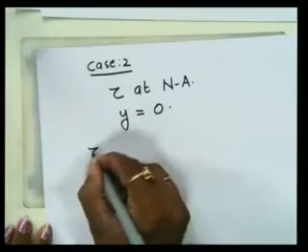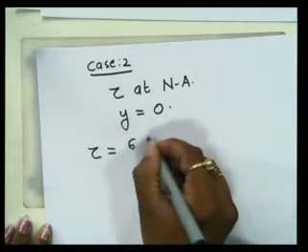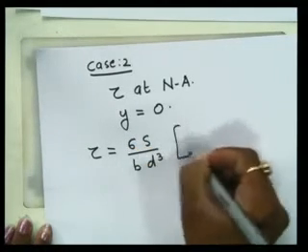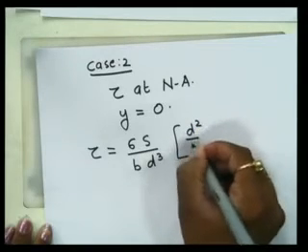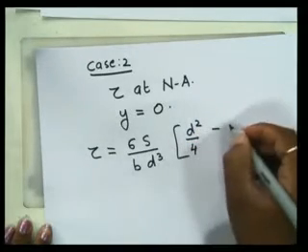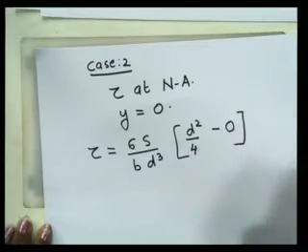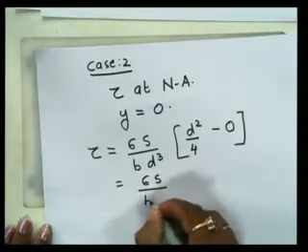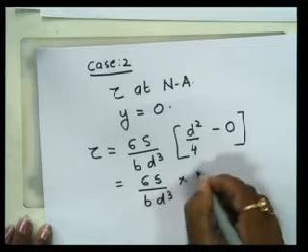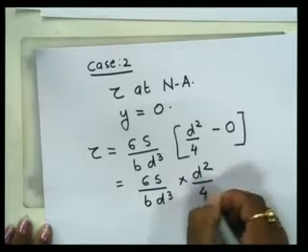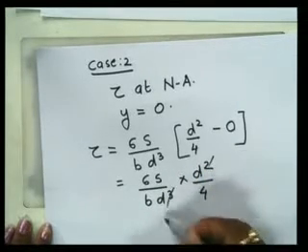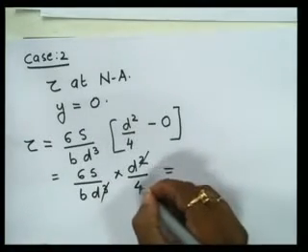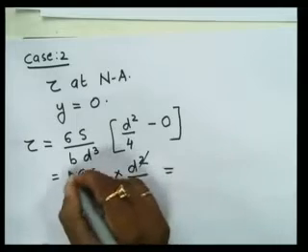So now I will put in our formula tau equal to 6S upon b d cube into d square by 4 minus y square, where y is 0. So what we get is 6S upon b d cube into d square by 4. This will get cancelled out. Two 2s are 4, two 3s are 6.